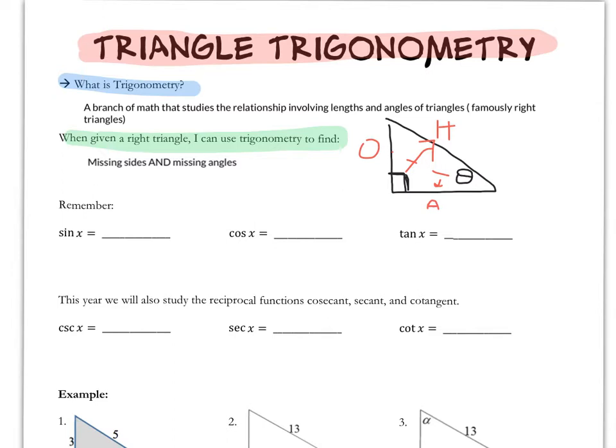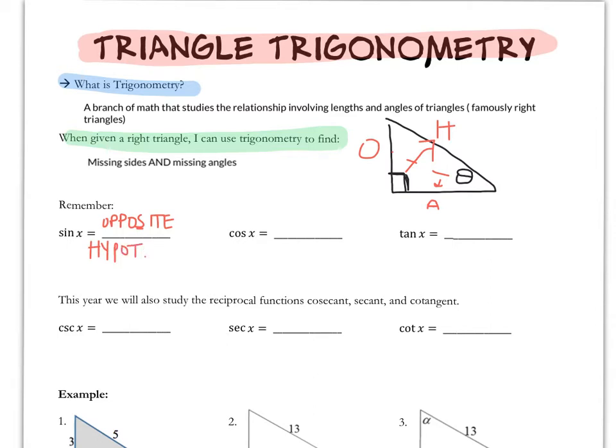We have relationships among those specific sides, and we named them sine, cosine, and tangent. So the sine ratio, sine of x or sine of theta, depending on the angle you're using, equals opposite over hypotenuse.